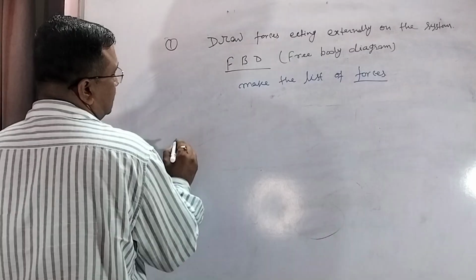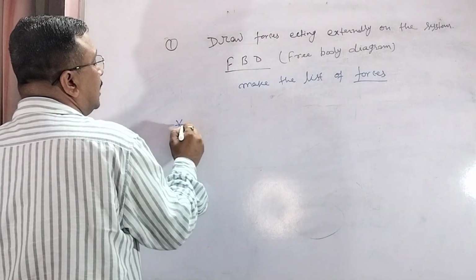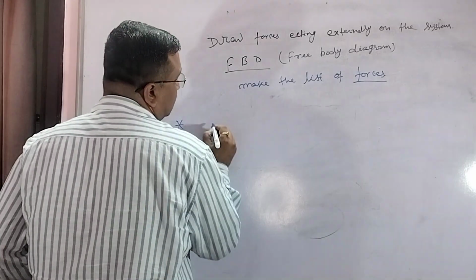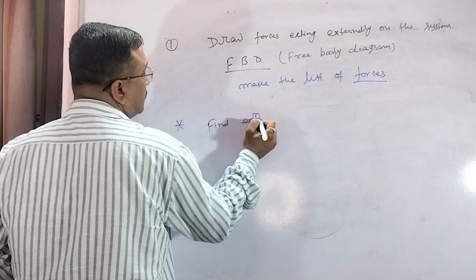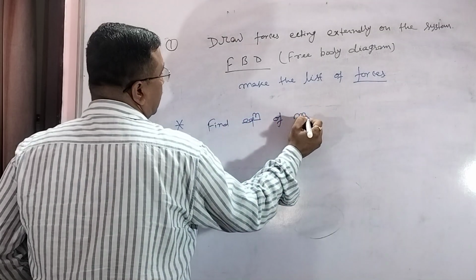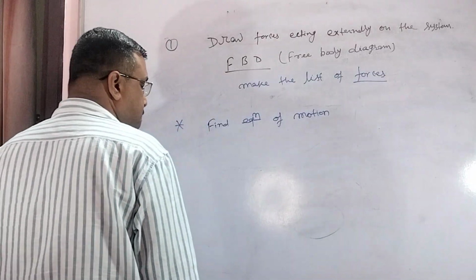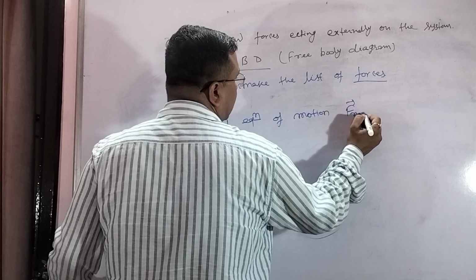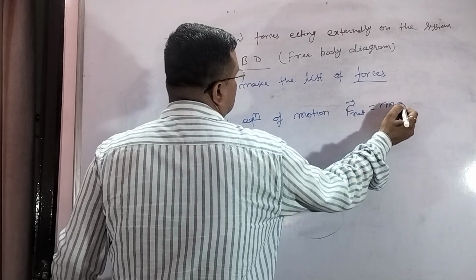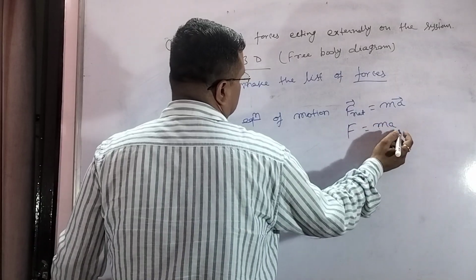And then in the third step, this was the second step, what we have to do is find the equation of motion: F net equals m into a, or simply in terms of magnitude, ma.